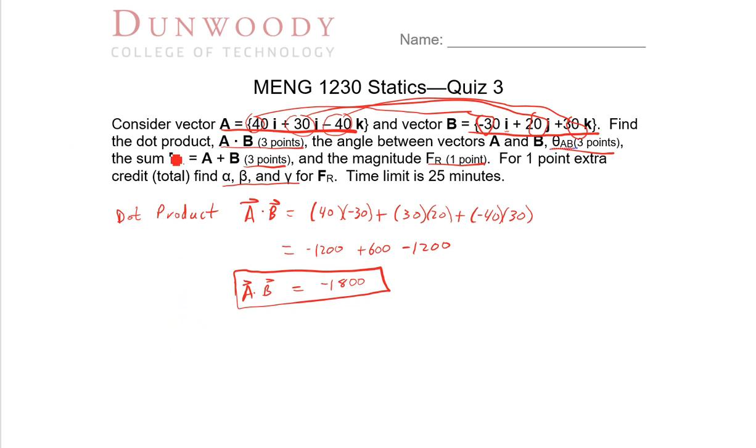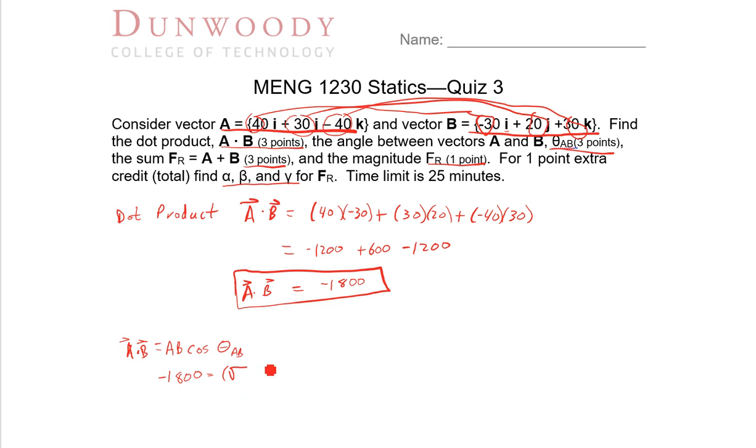Secondly, now we're looking for the angle between the two vectors. We also know that A dot B equals the magnitude of A times the magnitude of B times the cosine of theta AB. So negative 1800 equals, now we need to find the magnitude of these.